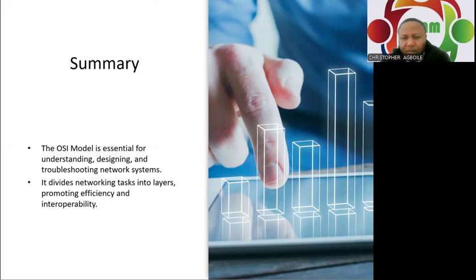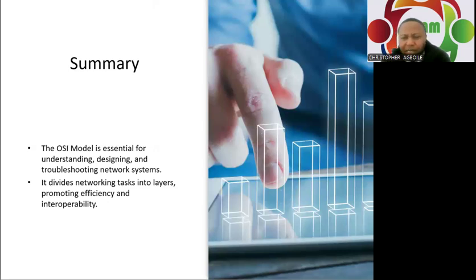This helps to identify network issues at specific layers. Because it's module by module, at any point where there is a failure, it is easy to identify, and it helps with modular troubleshooting. So you know where the issue lies, because from one module to another, there's a report of success or failure.